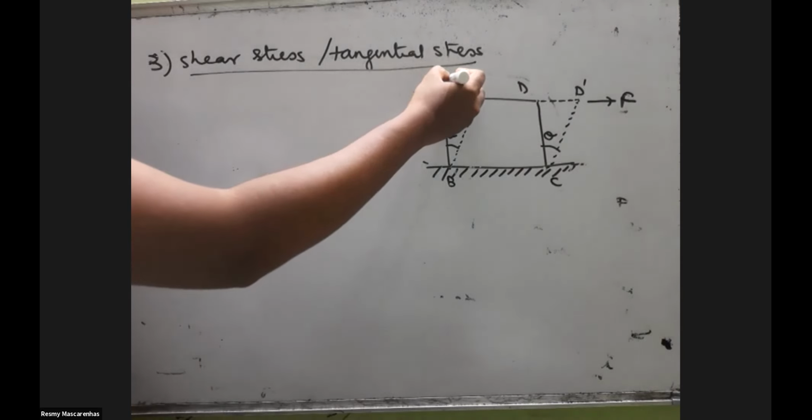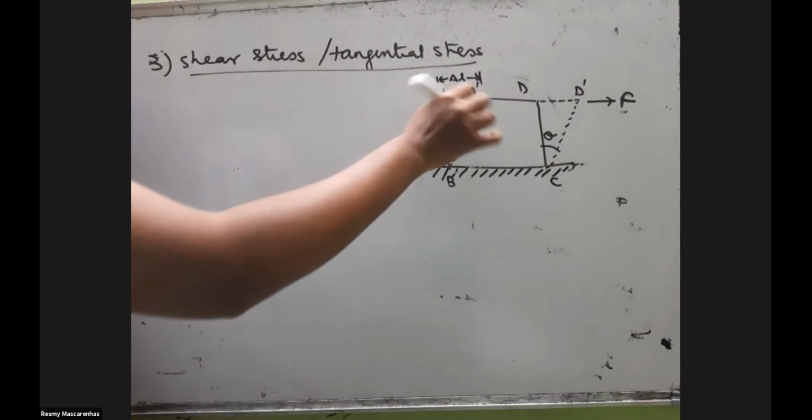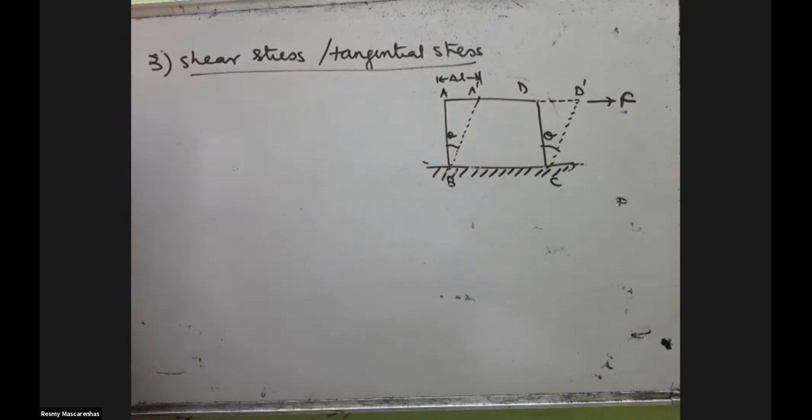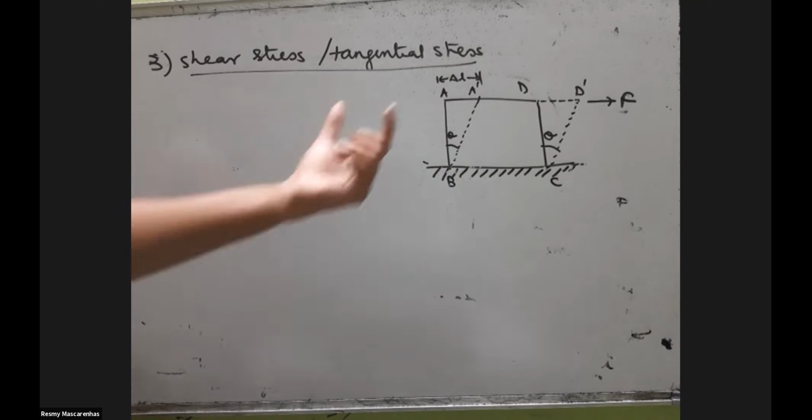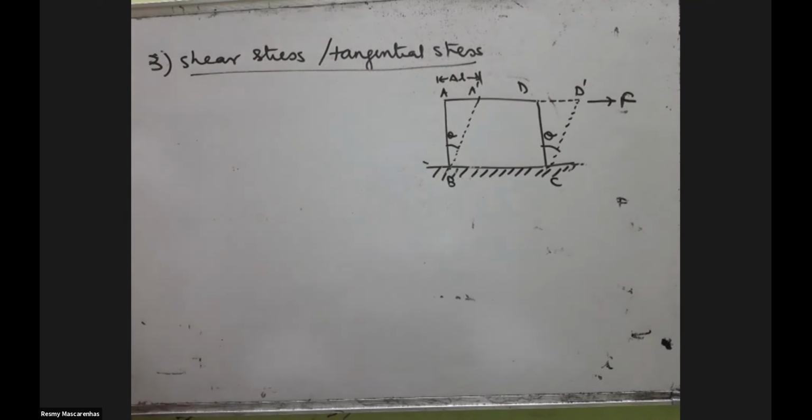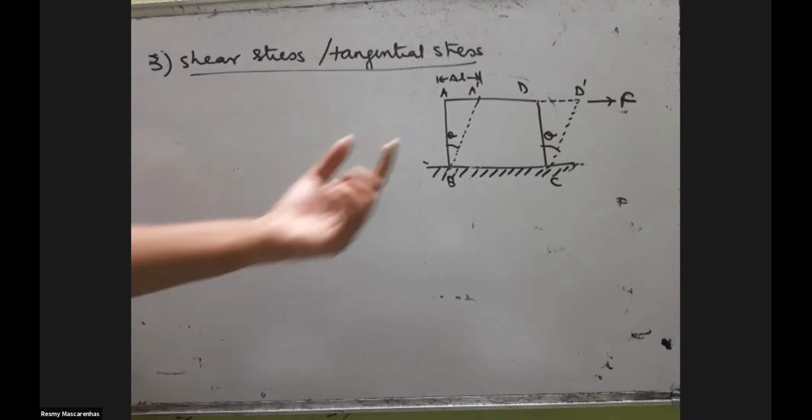So there's a change in the dimension, and there's a change in length, and there's a change in this particular angle, delta L. Same as this, no?